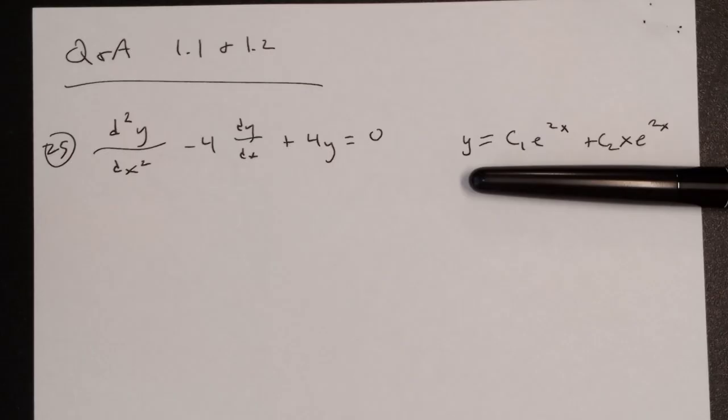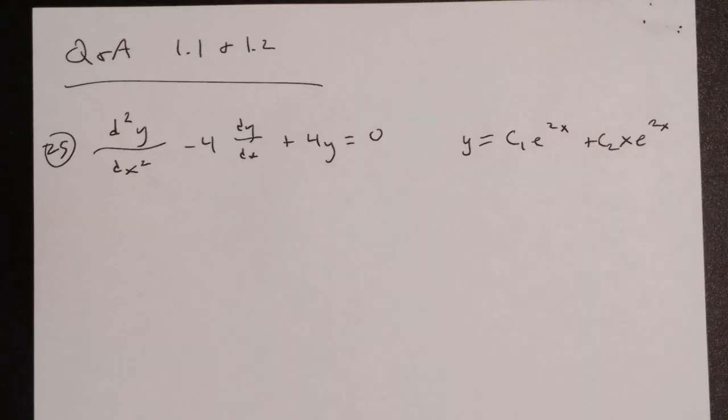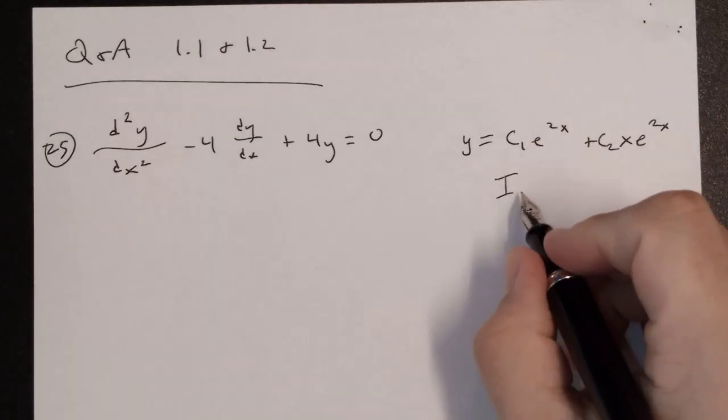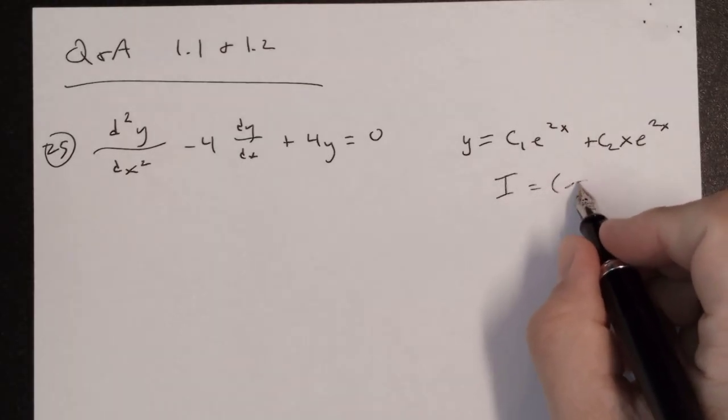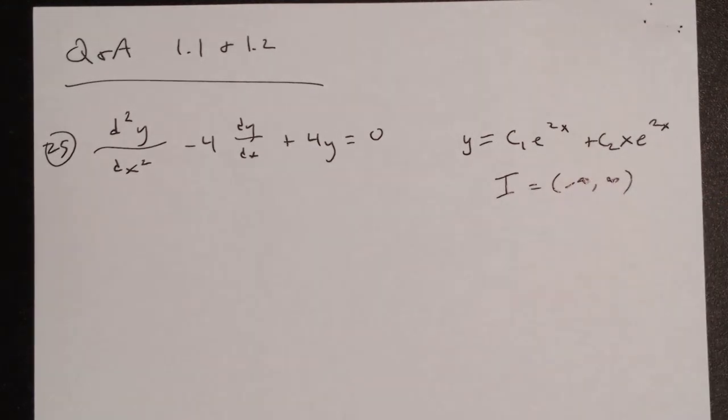Everywhere. That one's defined everywhere. E to some number x, that's defined everywhere. X is defined everywhere, and I multiply it by the e to the 2x. Yeah, those are defined everywhere. Perfect. So I can say, oh, this is going to work everywhere. If it works at all, it's going to work everywhere.